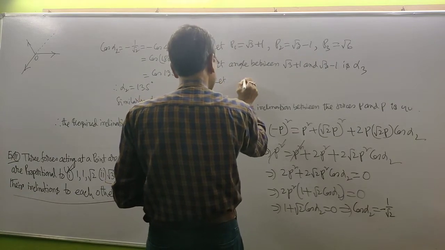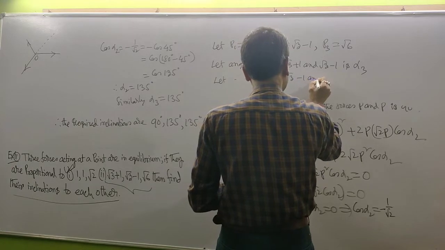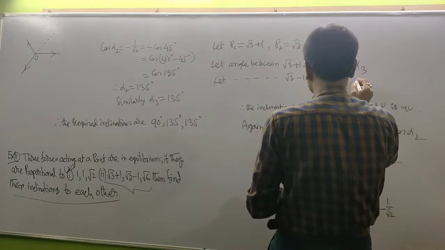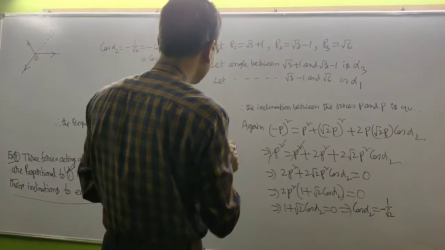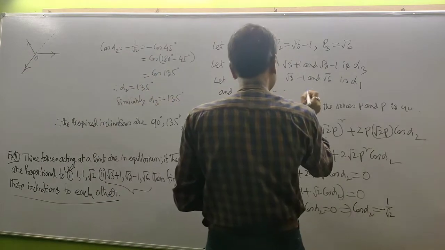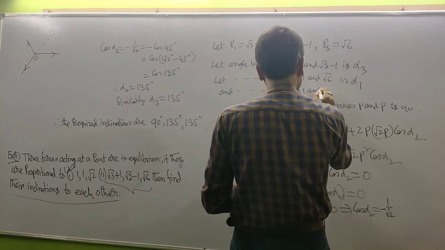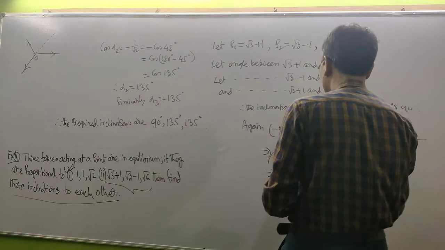Let the angle between root 3 minus 1 and root 6 be alpha 1, and the angle between root 3 plus 1 and root 6 be alpha 2.